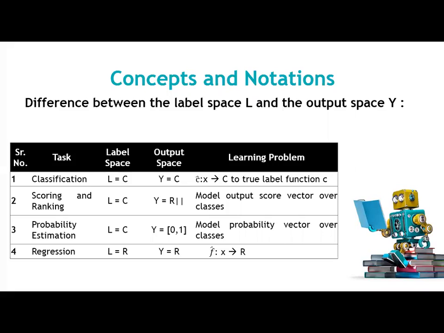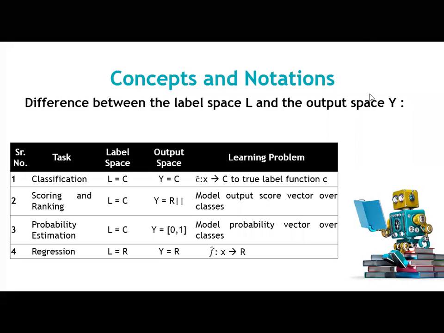If the machine learning model is going to perform the classification task, our label space will be L equal to C, the true label function. We are going to map the input X, the instances, to C, and C cap is the function which maps X to C. This is the classification. In case of classification, your label space and your output space will be the same.